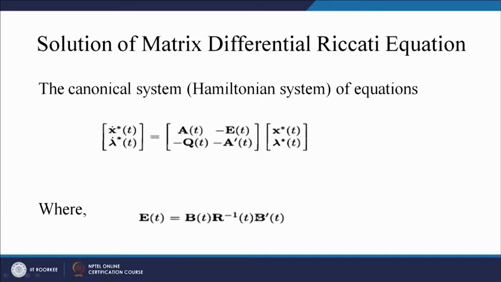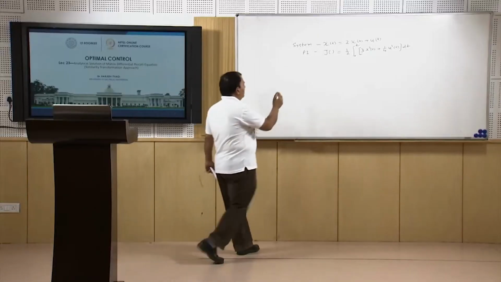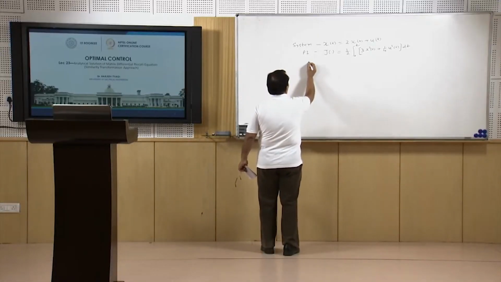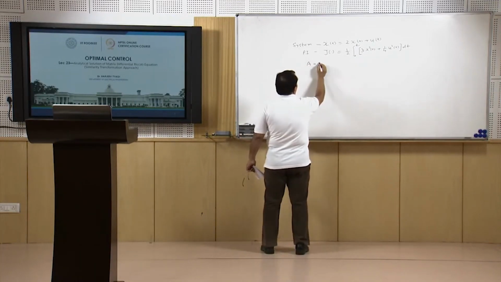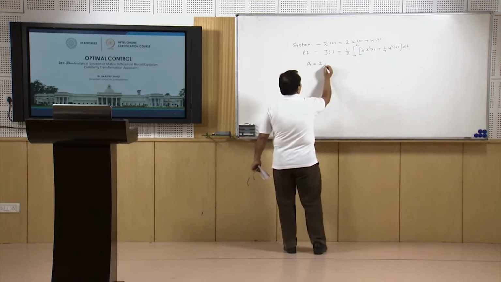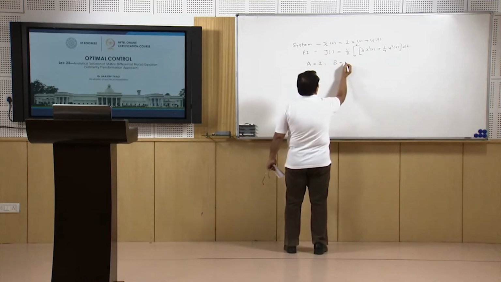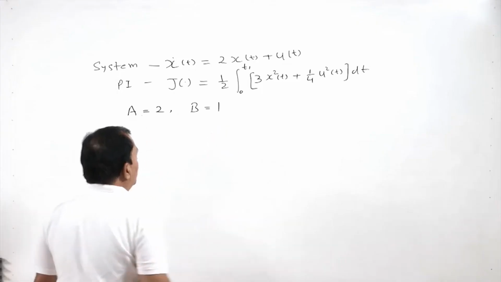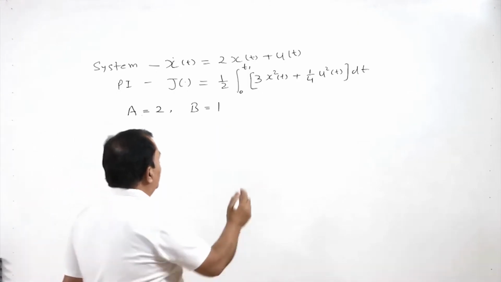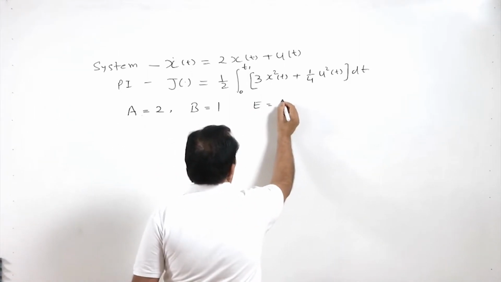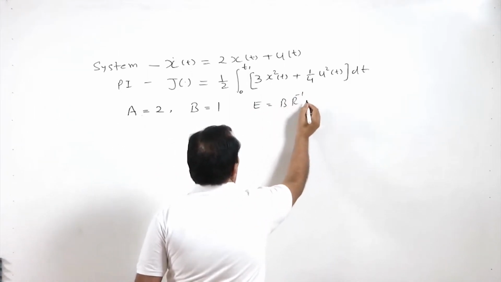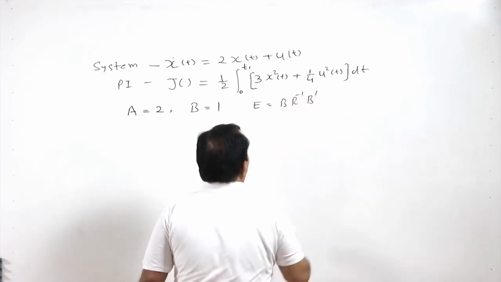First we have to define what will be my Hamiltonian matrix. To define the Hamiltonian matrix, I must know my matrix A. In this case x dot is 2x, so A is 2, B equal to 1. Then I need E. E is nothing but B R inverse B prime.